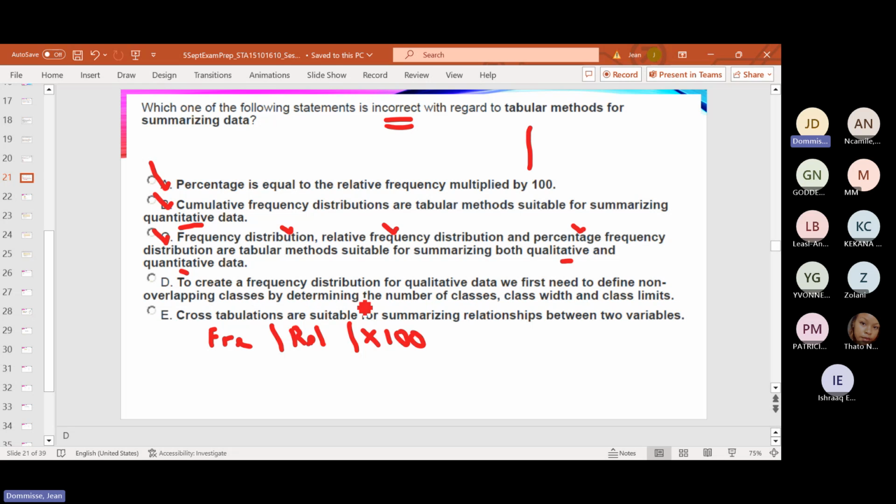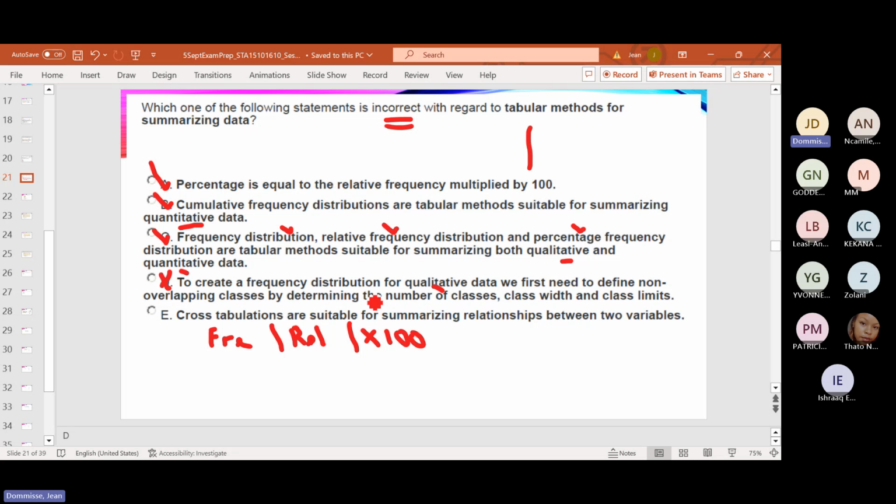Then, to create a frequency distribution of qualitative data, we first need to define non-overlapping classes by determining the number of classes, etc. That one is incorrect, because for qualitative data, we will never have to do that, as it's about quality. So again, province, there's no overlap in provinces.